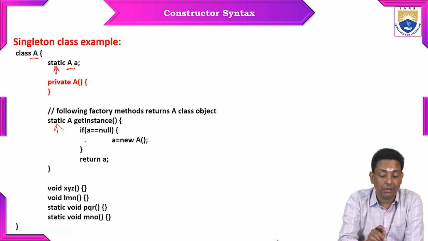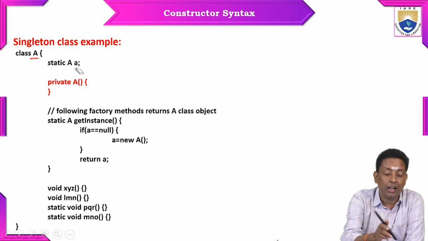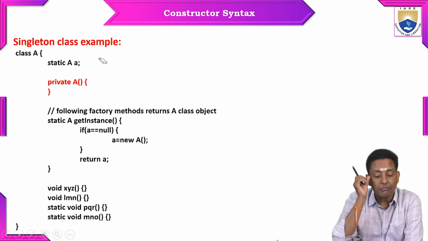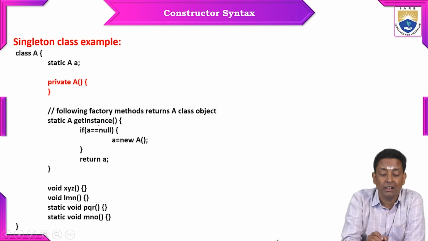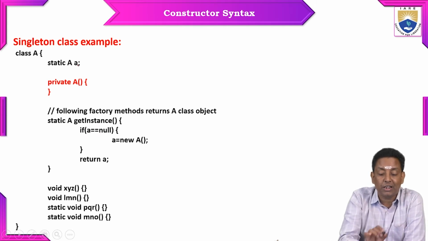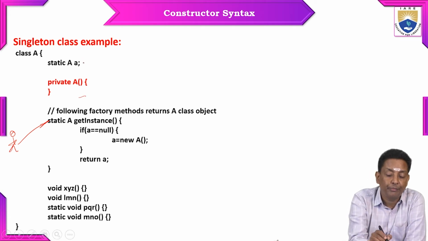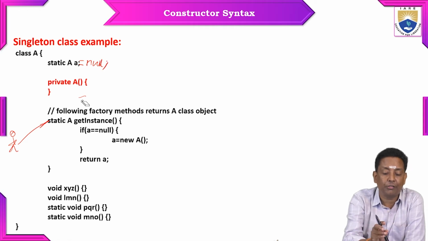Because the method is static, to access it in the static method I declared static A a. In the getInstance method, I'm checking if a is equal to null. When the first user requests this method, the reference is null. What is the default value of any class reference? Null by default.